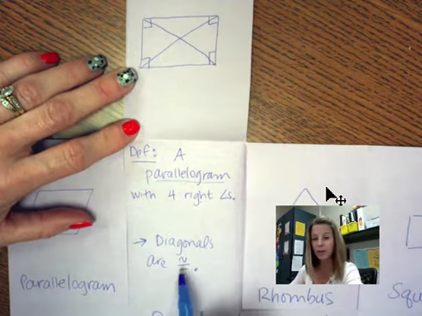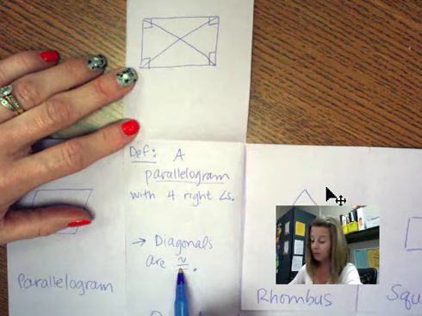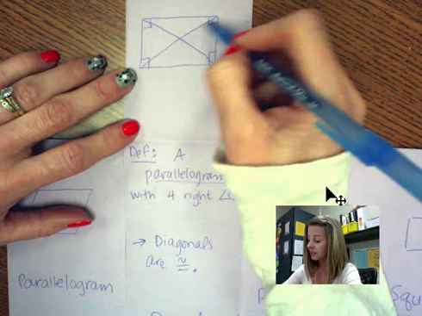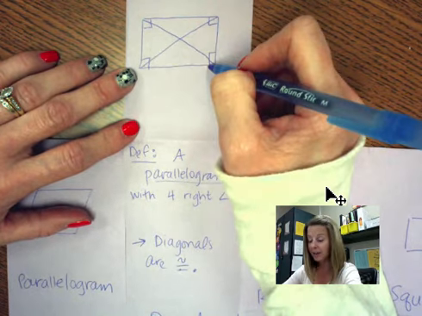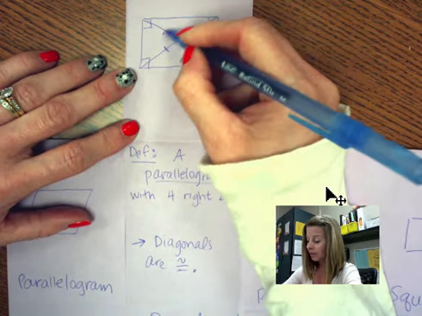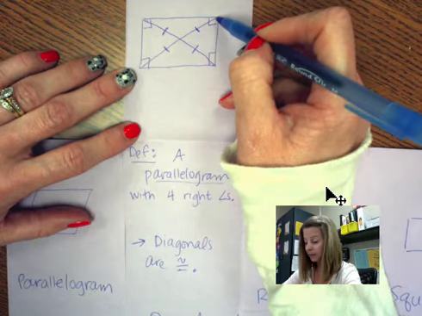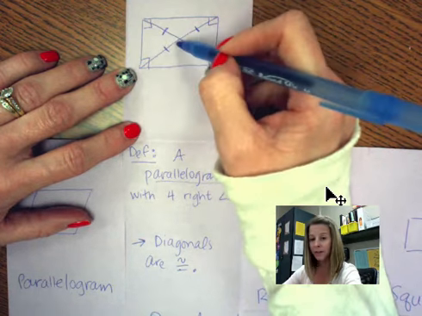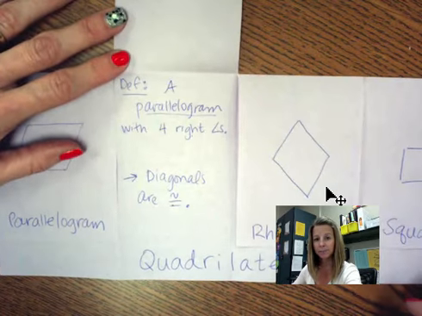So not only are they congruent, they also hold the property of bisectors just like the parallelogram. So if these are the same length, maybe 10 and 10, and they chop each other in half, that means all 4 sections have to be the same length. So it might be full length of 10 and 10, but when they're cut in half, it's 5 and 5 and 5 and 5. Okay, so that would be a rectangle.